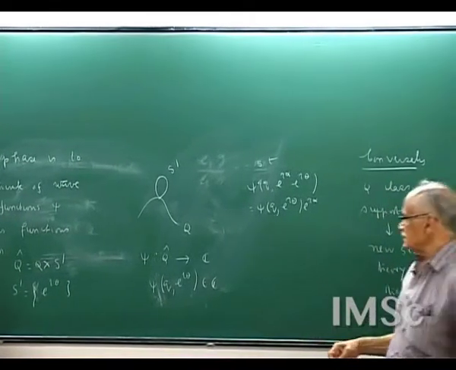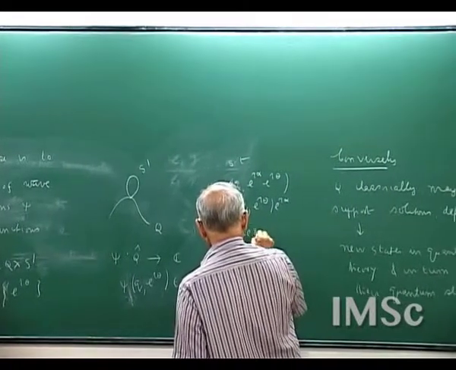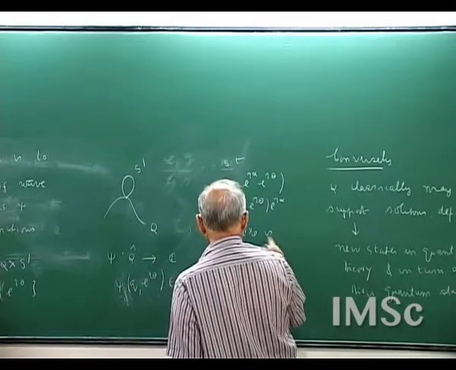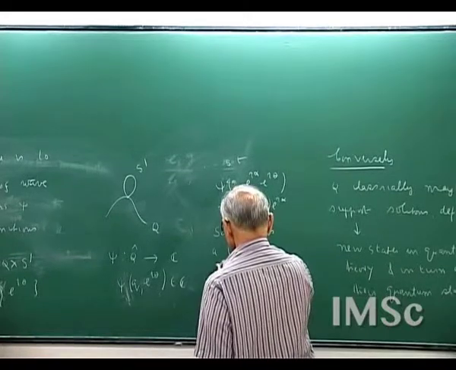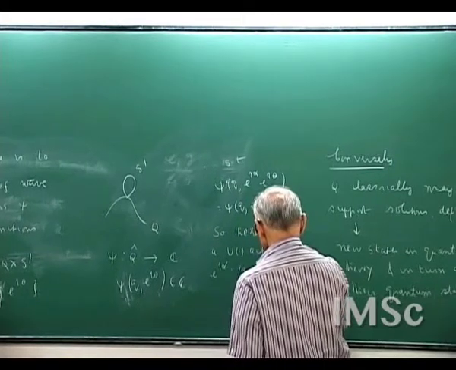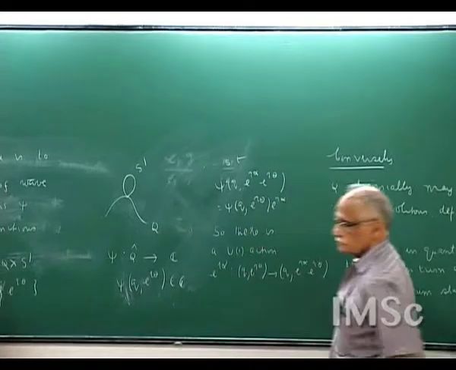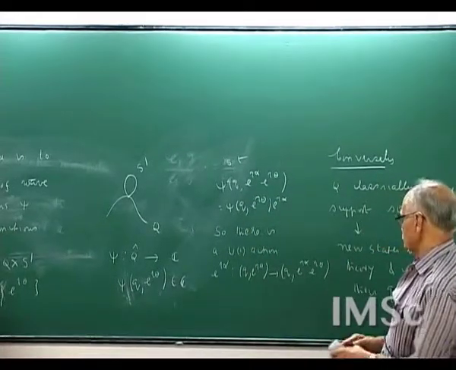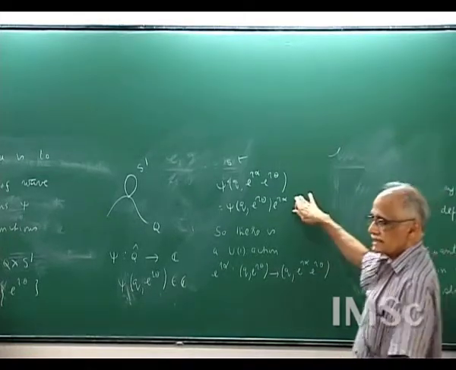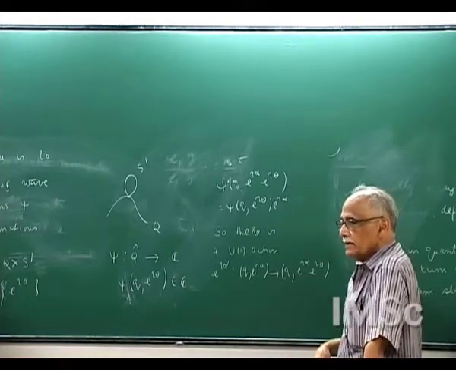So there is a U1 action, namely e^{i alpha} taking (q, e^{i theta}) to (q, e^{i alpha} e^{i theta}). I impose this condition. This is an imposition, and I will only consider such functions. Okay, this is sort of trivial.